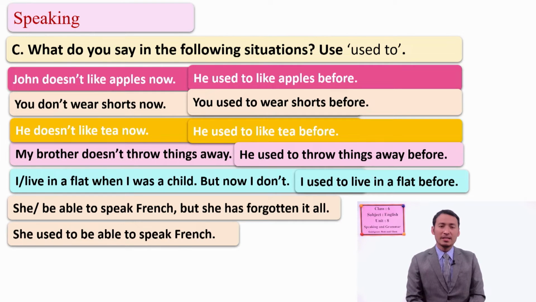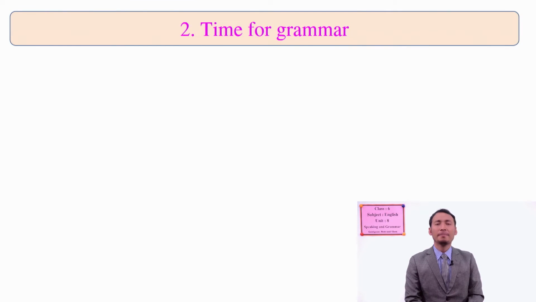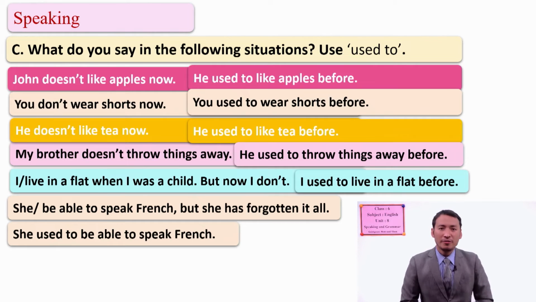Okay, students, so this is the exercise about speaking. If you want to share your experience, you can talk about it with your friends. Like I may say I used to do or play different things when I was in grade 2 or grade 3.